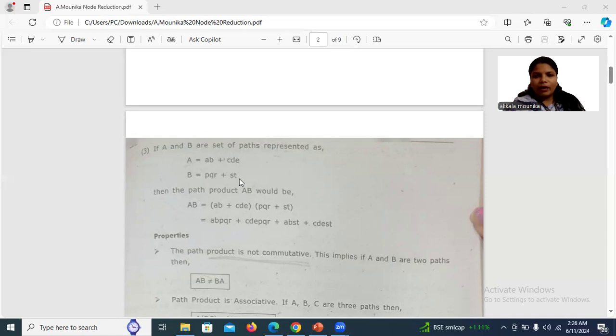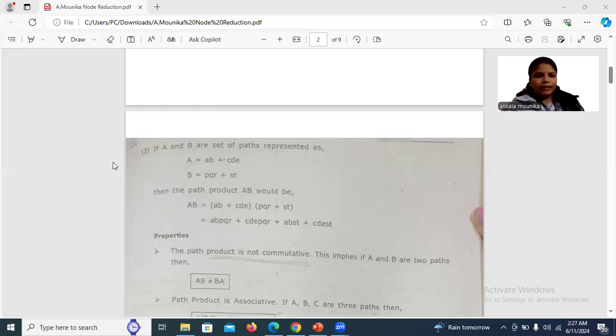That means we need to multiply A and B. Both should be concatenated, that means multiplied. So what we obtain here is ABPQR plus CDEPQR plus ABST plus CDEST. We are just multiplying.